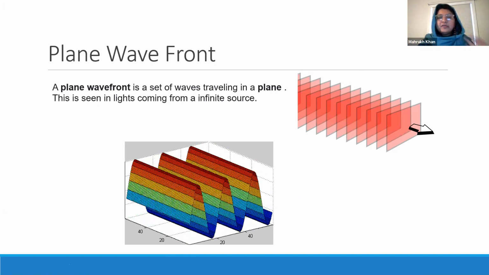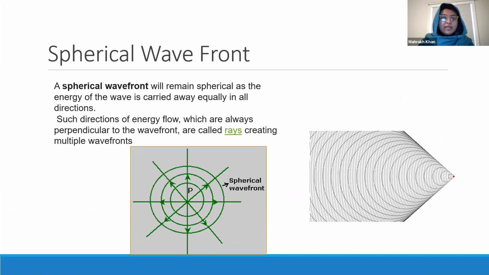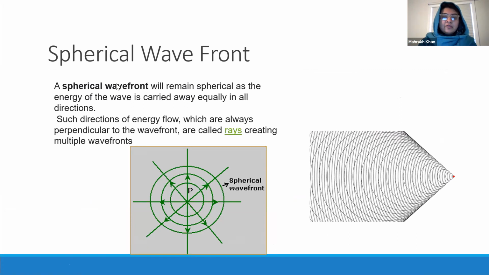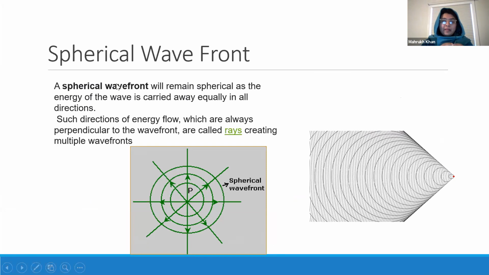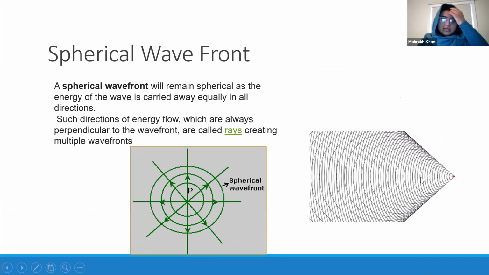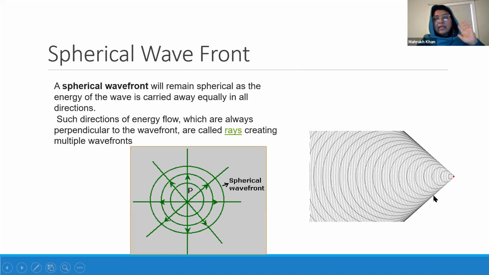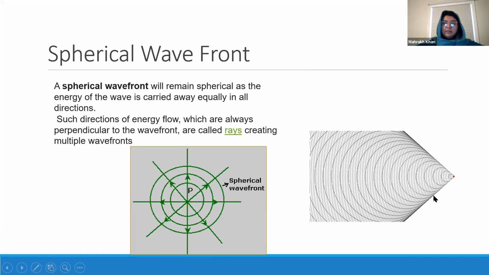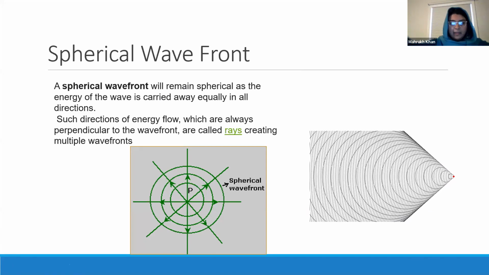So what is a spherical wavefront? A spherical wavefront is different from a plane wavefront, because in a spherical wavefront, you think that energy flows in all the directions, and it acts like it is moving in a sphere.